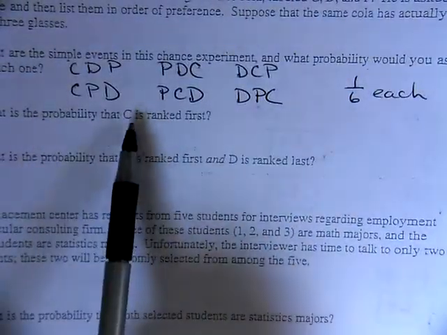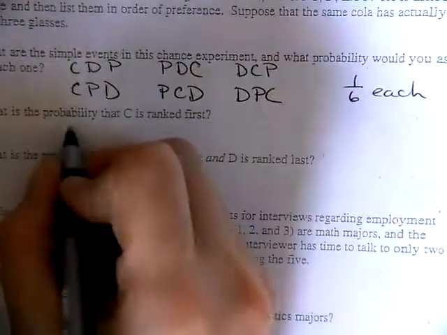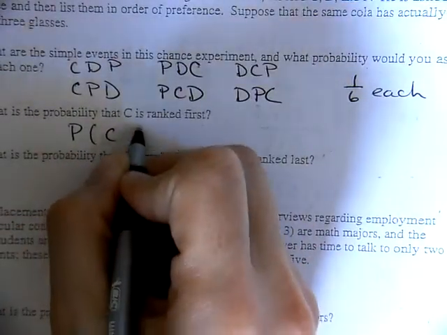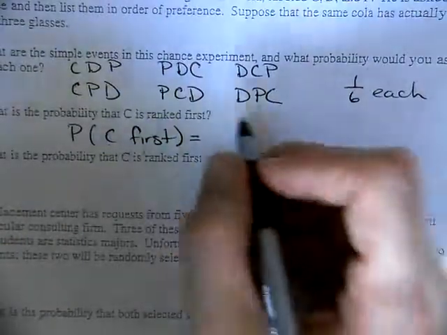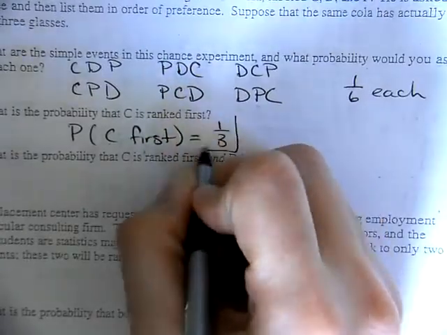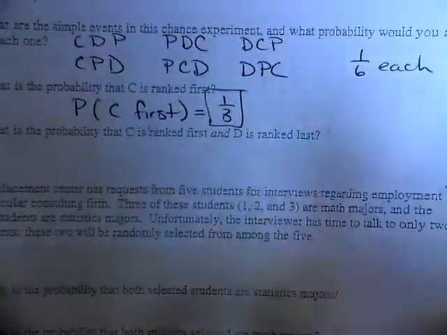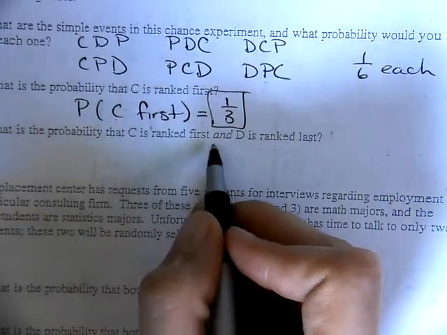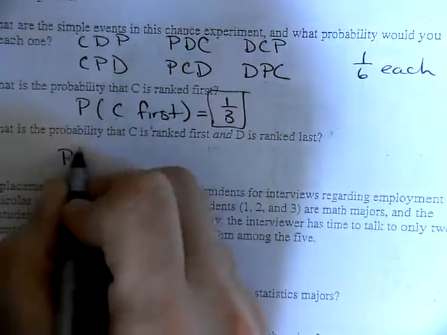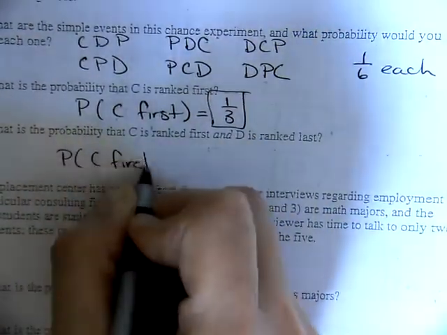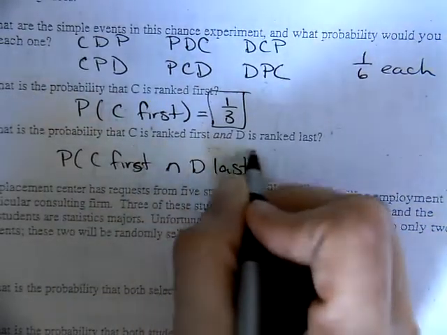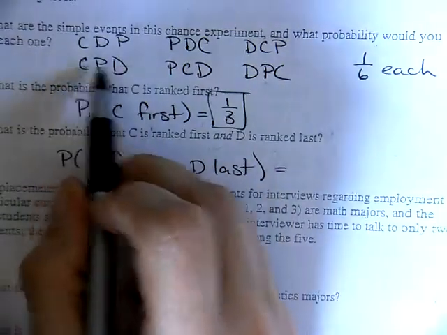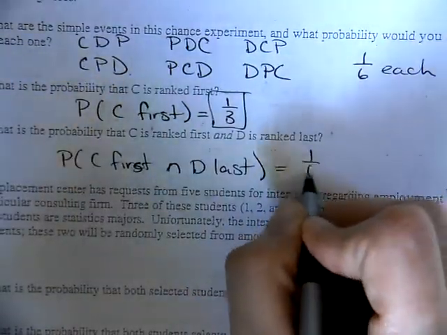What's the probability that C is ranked first? Well, that's 2 out of my 6 outcomes, so 1/3. What's the probability C is ranked first and D is ranked last? C first, D last. That's only 1 out of 6.